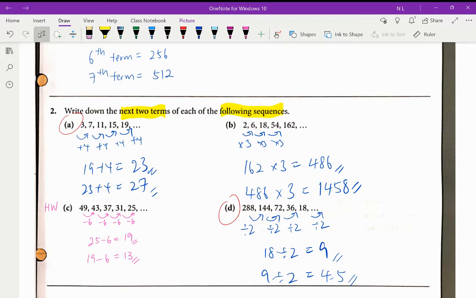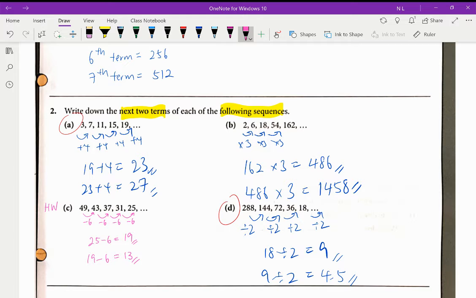If I ask you to find the 99th term of this number sequence here, are you going to add 4 plus 4 continuously until you reach the 99th term? It will be a very long process and it's very slow. By using the expression of the n term, it helps us to shortcut and find the term directly.